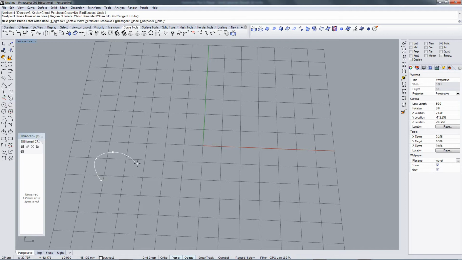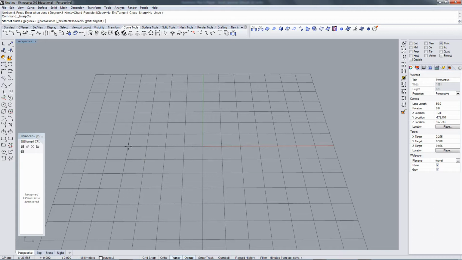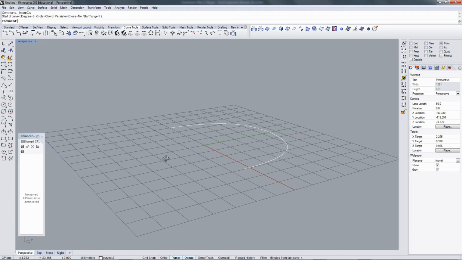I think a lot of people become confused. Let's say I'm trying to draw a U shape, a hill, that goes up into the air. Well, in the perspective viewport, that looks like a hill form, but in reality, it's flat.